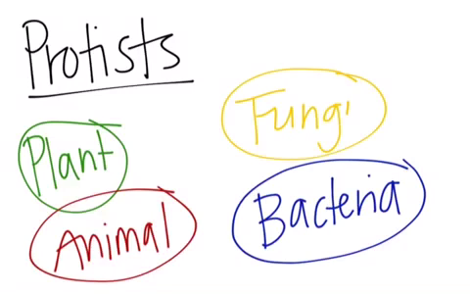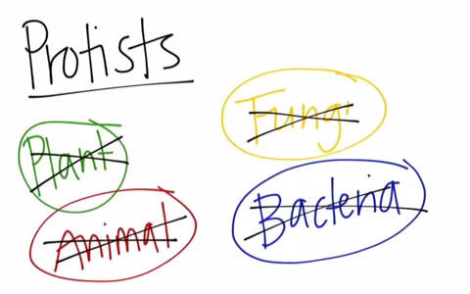So when scientists, biologists are looking at how to classify organisms, they occasionally will come across an organism that does not meet all the qualifications to be classified as a plant. It doesn't meet the qualifications to be classified as an animal, nor a fungi or a bacteria.